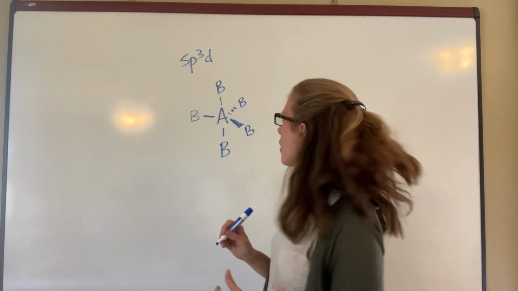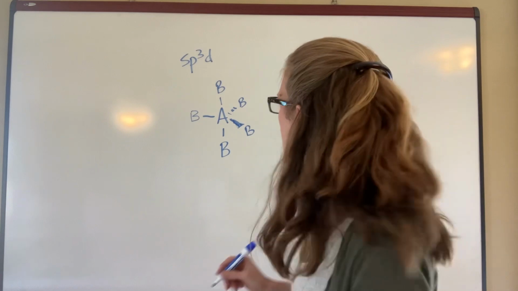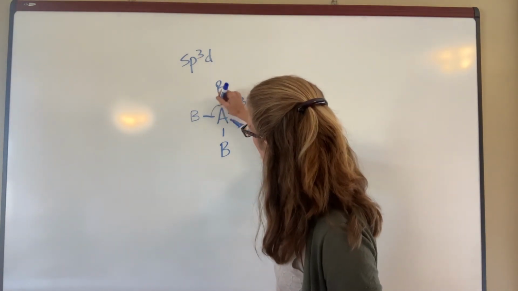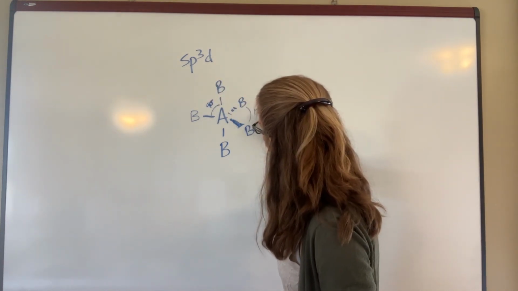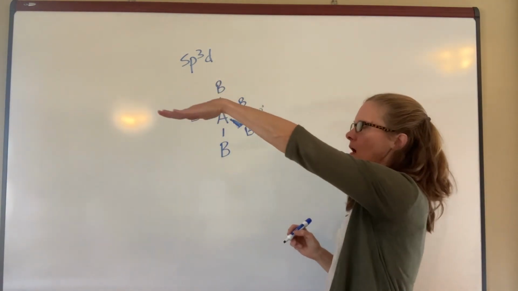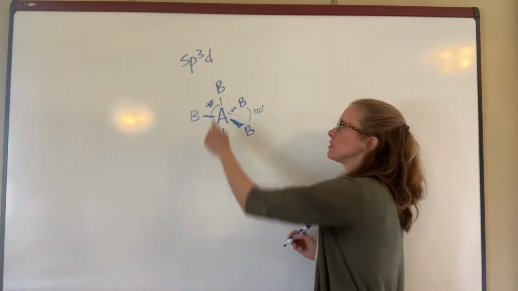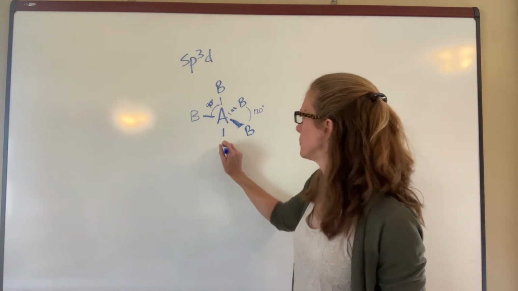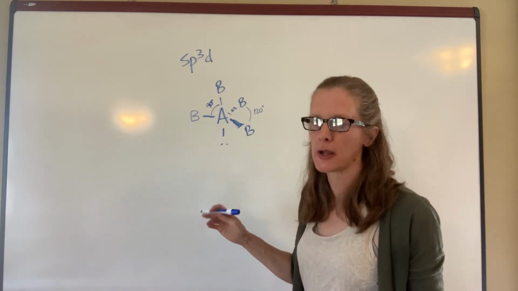So if you want to draw it in 3 dimensions, that's how you're going to go about doing that. Okay? Again, from here to here, this is a 90-degree angle. And these guys here are 120 degrees apart because these 3 are cutting on through the plane of the blackboard this way, whereas these are in the plane of the blackboard. Okay? And then you may take some of these off and put lone pairs there if you need to do that for whatever you're drawing.